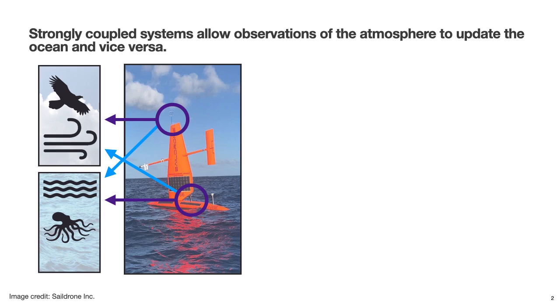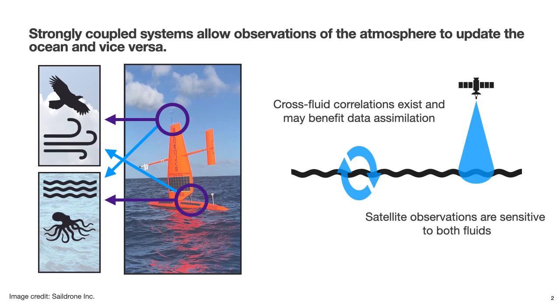The reason that I'm interested in strongly coupled data assimilation is that there are a few physical reasons why we think it might be beneficial. First of all, cross-fluid correlations do exist in the real world.